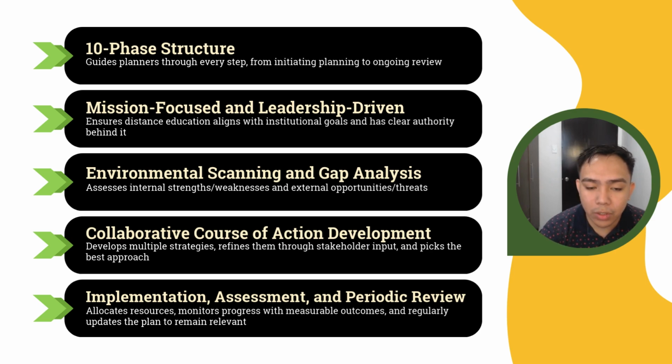And of course, there should be a collaborative course of action development where multiple strategies are considered, with stakeholder input and discussion about the best approach. Then in the later phases, there's implementation, assessment, and periodic review, which will be discussed in the next videos after mine.